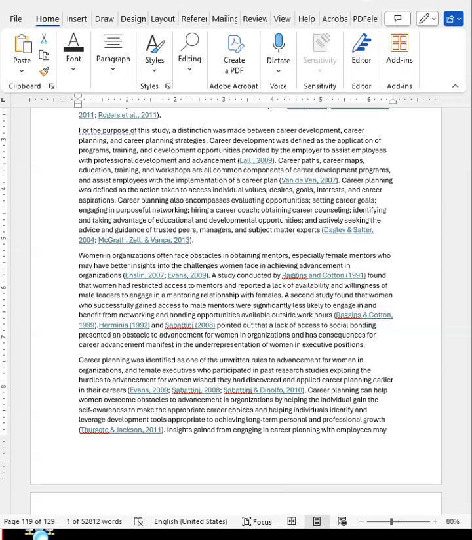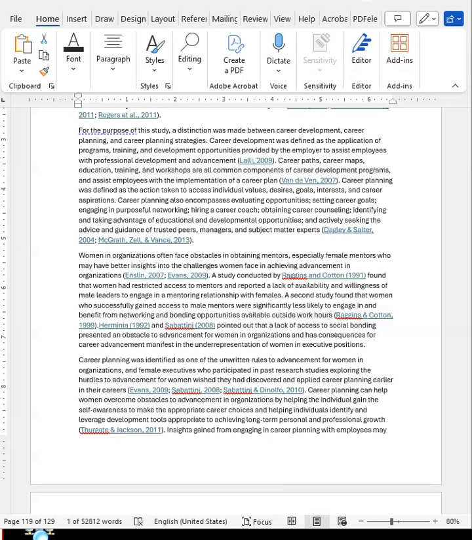Career planning can help women overcome obstacles to advancement in organizations by helping the individual gain the self-awareness to make the appropriate career choices and helping individuals identify and leverage development tools appropriate to achieving long-term personal and professional growth. Thurgate and Jackson, 2011.